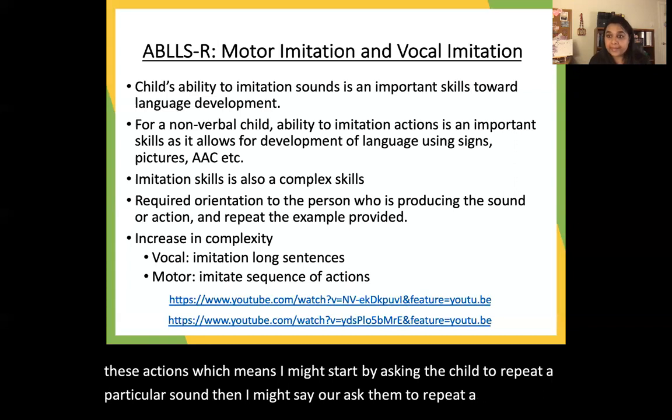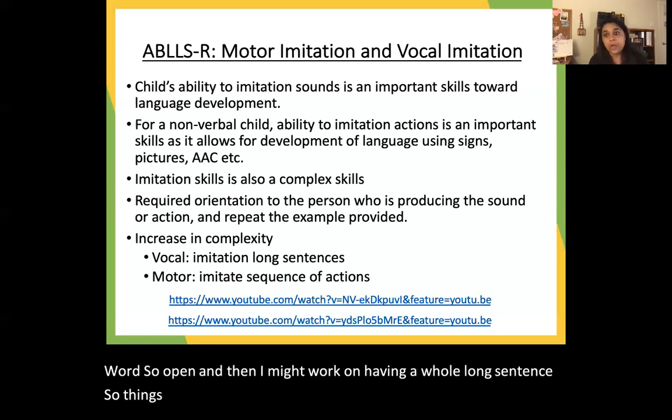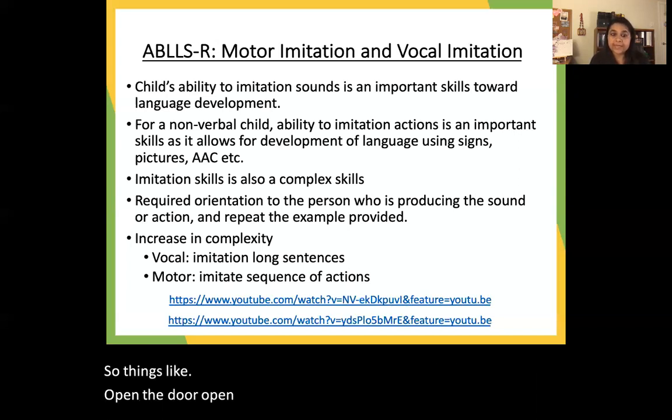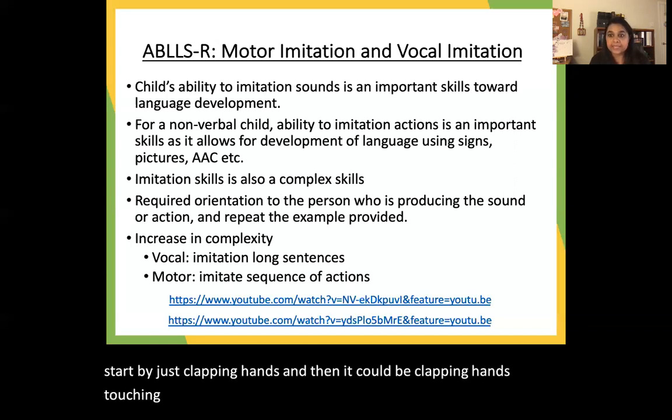So open. And then I might work on having a whole long sentence. So things like open the door, open the book. Similarly, a motor sequence where I might start by just clapping hands, and then it could be clapping hands, touching your head, touching the table, tapping on the nose, so a whole sequence.